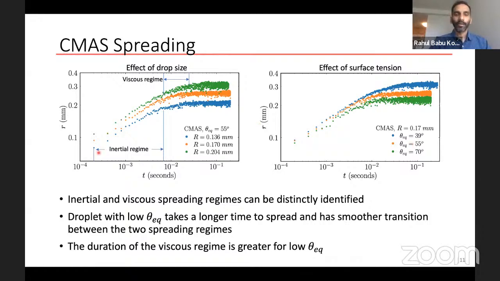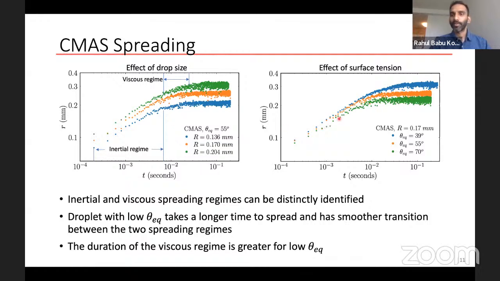From these plots, we can clearly see there are two distinct regimes. We have this fast inertial regime here, and we have the slow dynamic of the viscous regime. So we recover that even for CMAS, spreading is characterized by these two distinct regimes.